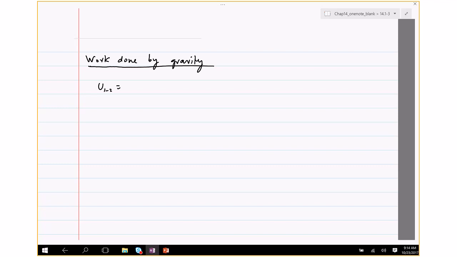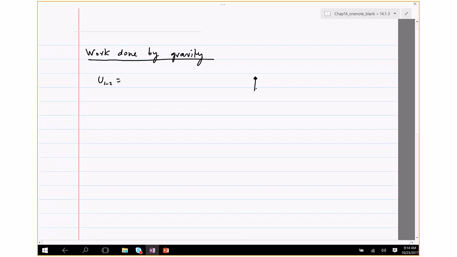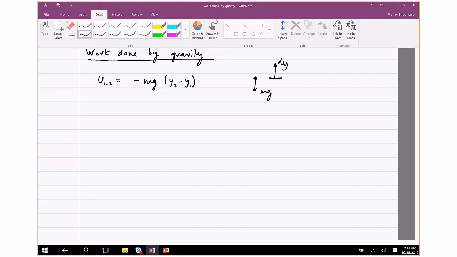So a particle, assume it's moving, well, the force due to gravity acts downwards. Our convention is upwards is positive. So the work done is going to be mg times (y2 minus y1). So we know what the work done is, right?